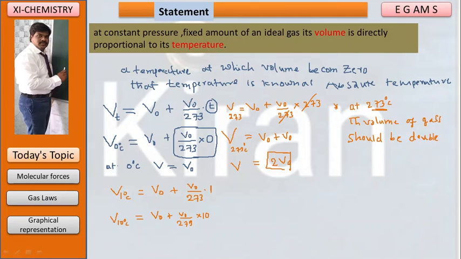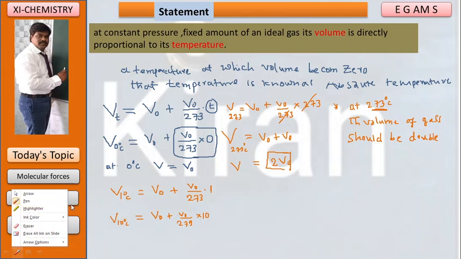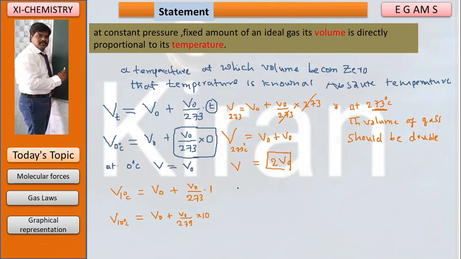Now I am applying it in another case, for example at minus temperatures. So V at minus 10 degrees centigrade. Same formula, my dear students: V naught plus V naught by 273 into, here what should you apply?